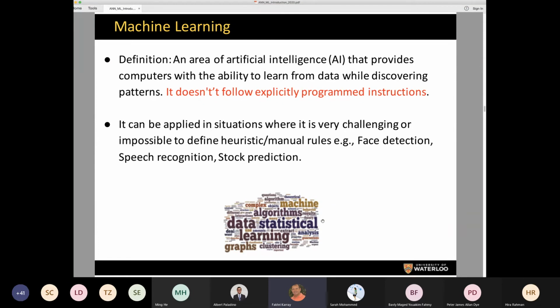And even pattern recognition, a number of people consider it as part of machine learning. Although I disagree a little bit with that, because pattern recognition has its own type of tools that are anchored mostly in the field of computer science as developed in the 70s and the 80s. So it's a set of tools that were developed for recognizing a pattern using mostly image processing or computer vision.